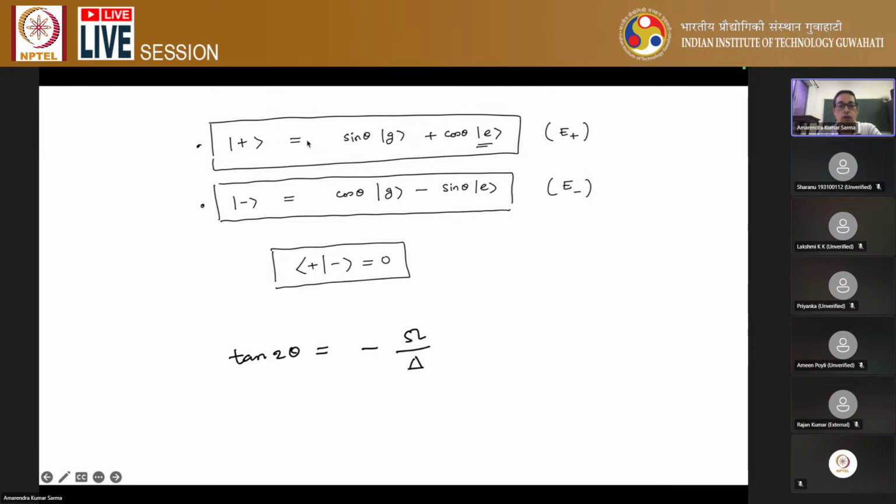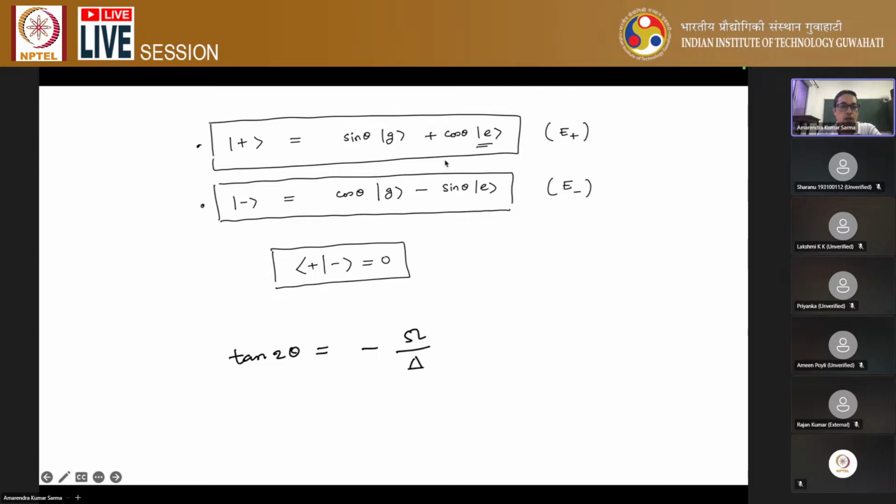We showed that we can write any arbitrary state as a superposition of eigenstates, and that's what we have done here. |ψ+> is written as a superposition of |g> and |e>, and similarly for |ψ−>. |ψ+> and |ψ−> are called the dressed states, and these two dressed states have to be orthogonal, and of course they have to be normalized also.